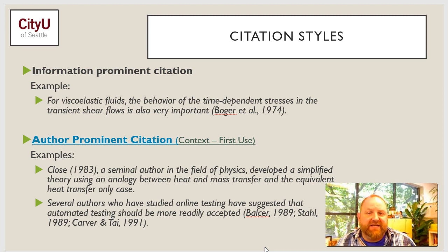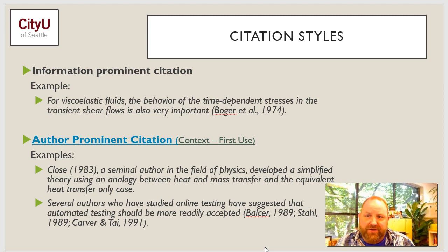Information prominent citations are really more for the harder sciences, for when you are adding information to something you've already introduced. We require at CityU for you to introduce the author the first time they're used. Then you could use an information citation later. But it adds to the readability, and we really want our dissertations to be readable.